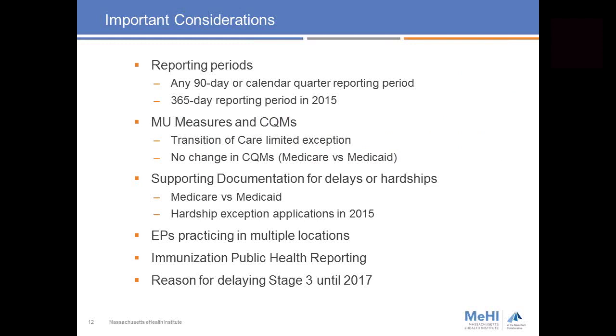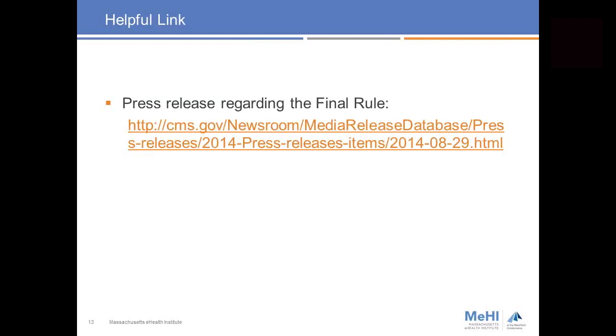So it will be a challenge, and please keep in touch with us and the Medicare and Medicaid incentive payment program to find out exactly how that's going to be handled. Definitely a significant complication. The final rule was published yesterday in the Federal Register, so you can get it there as well.